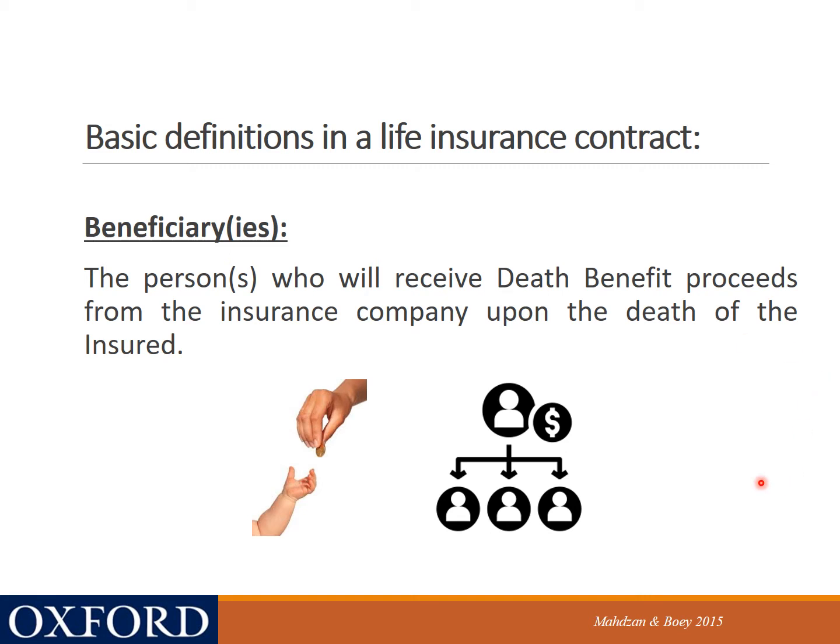So basically, the beneficiaries would need to be named usually on the inception of the policy, but throughout the policy's life, while the policy is still in force, the insured or the policy owner can make changes to the beneficiaries named in the contract. So under Islamic law, the beneficiaries usually would have to be paid out according to Sharia principles or fara'id.